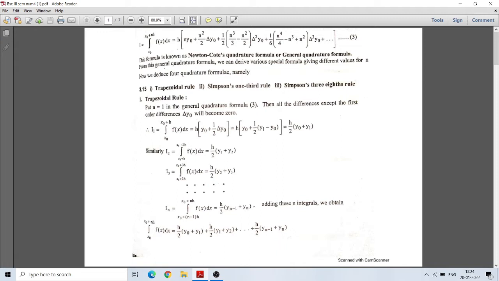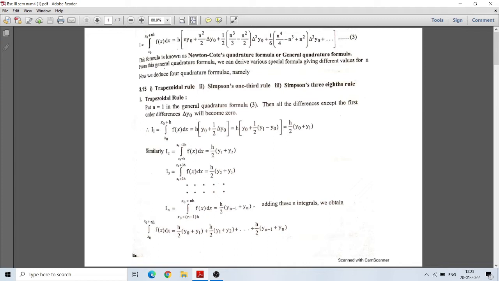Then what does numerical integration mean? It is the process of obtaining the approximate value of the definite integral. That is, for the definite integral we consider I is equal to integral a to b f of x dx, without actually integrating the function, but only using the values of y at some equally spaced points of x in between the limits a and b.